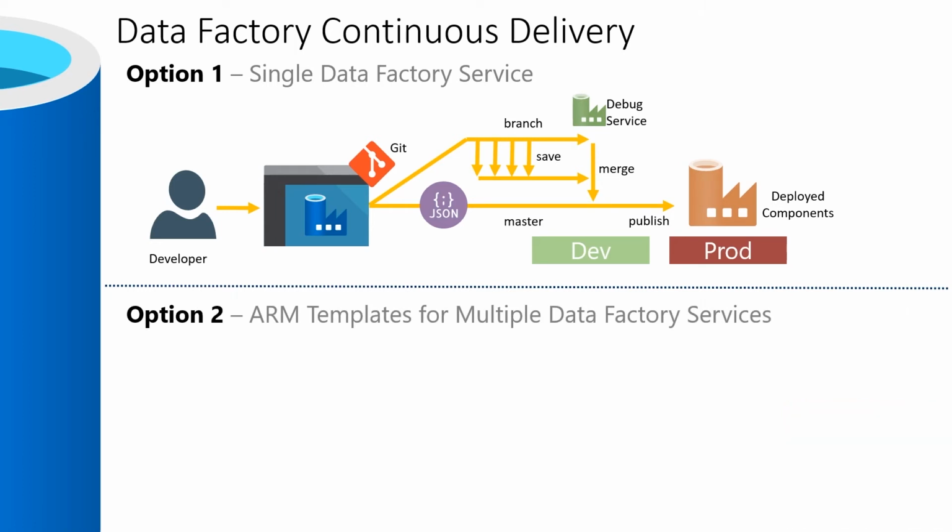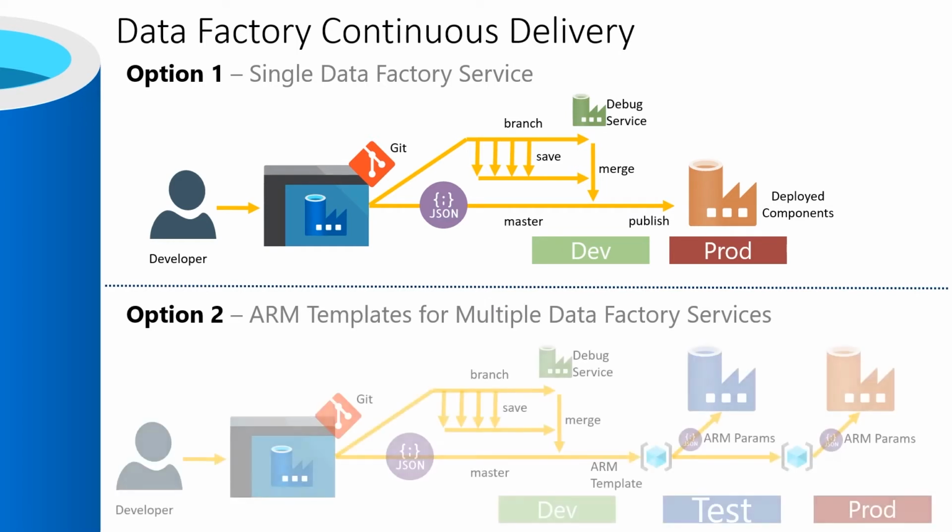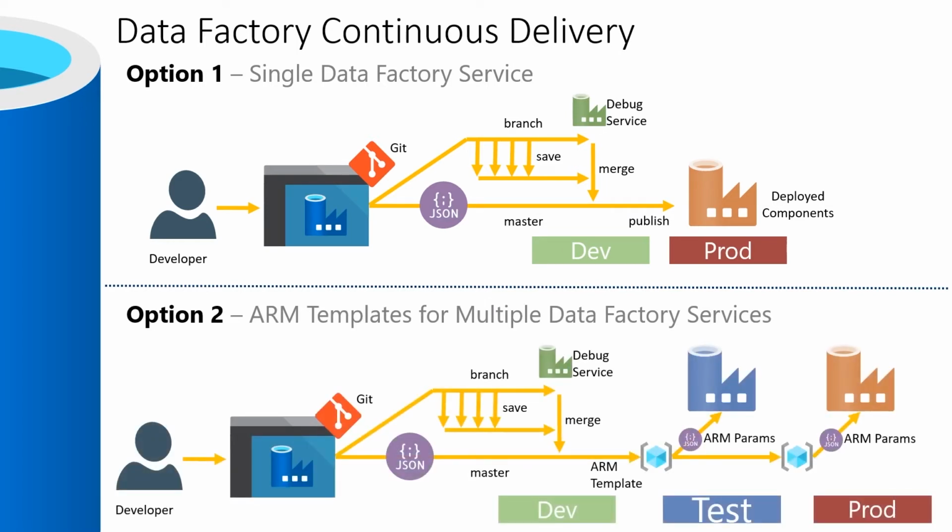Now, for option two, we still maybe start with that same developer environment that was there, but then what we could do is take the ARM template from dev, we deploy it to test, and then maybe we deploy it to production as well. So I'm going to call that option two for now, where we're using an ARM template to deploy our Data Factory to multiple environments. And that's something that we could do.